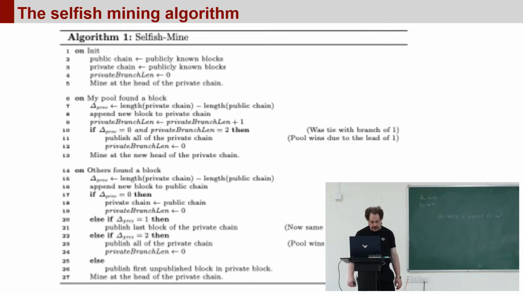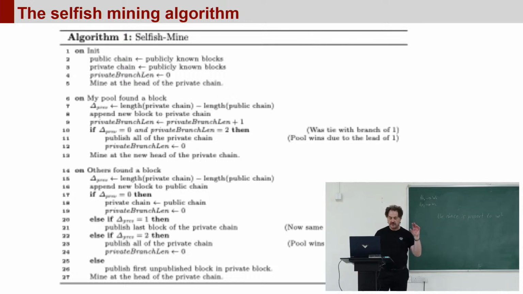So what do I do next? If the difference in the length was 0 previously, and the private chain length is now 2, so previously it was 1, but now I found the block, now it became 2, then I publish all blocks of the private chain on the public chain, and I make the length of the private chain 0.